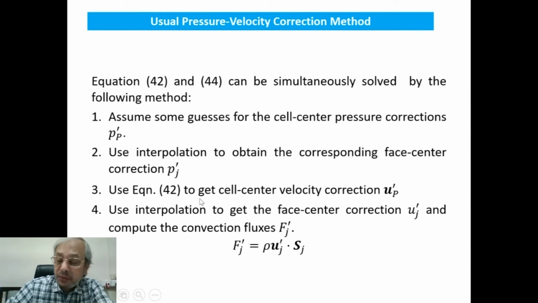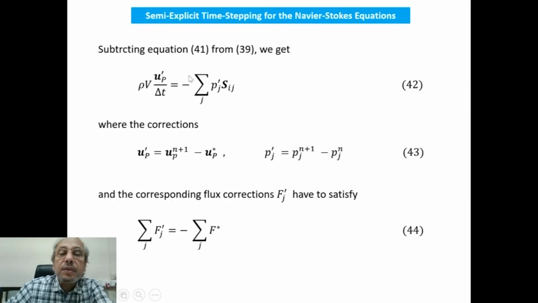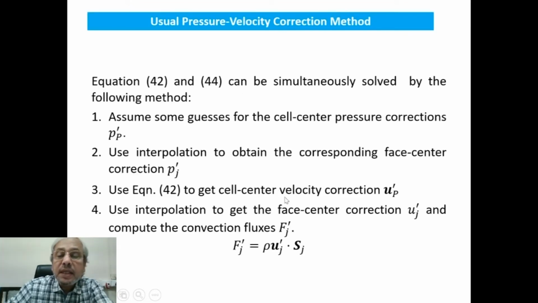Use equation 42 to get the cell center velocity correction u_P prime. Use interpolation to get the face center correction u_j prime from u_P prime and compute the convection fluxes F_j prime, so F_j prime equals rho u_j prime dot S_j.